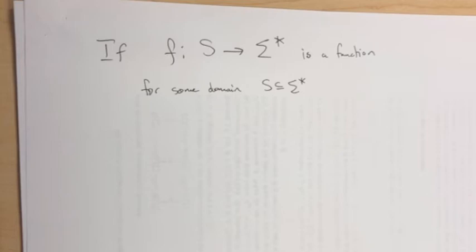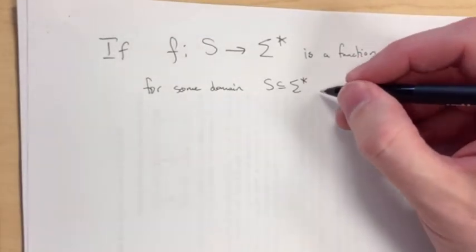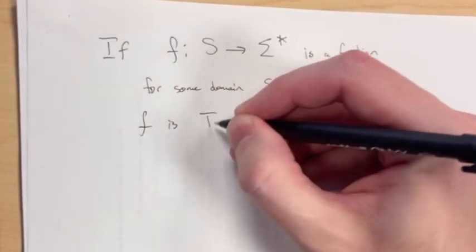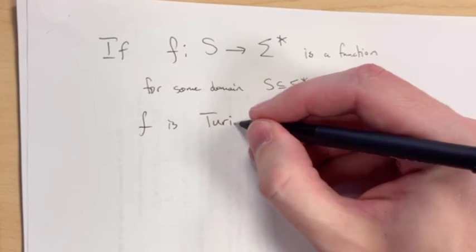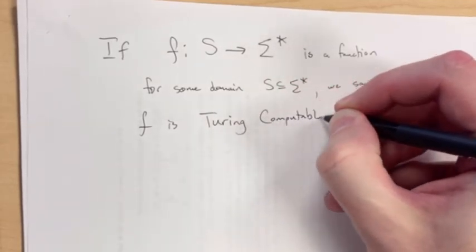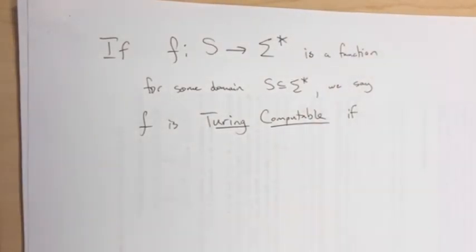If this is a function, we say f is, here's the term for it, Turing computable, if there exists a Turing machine which does what f does.